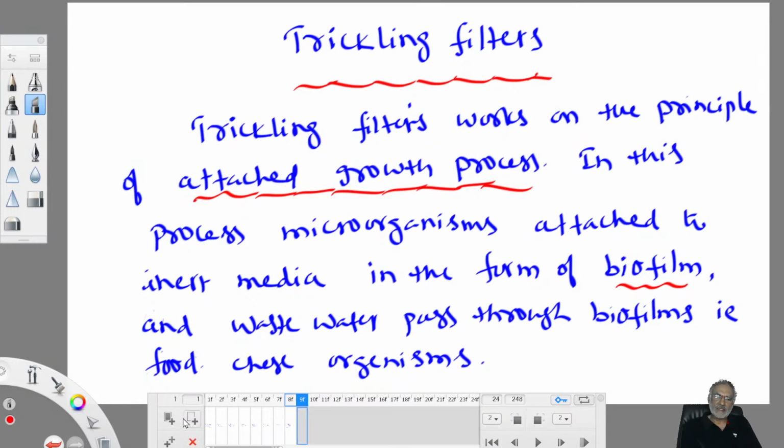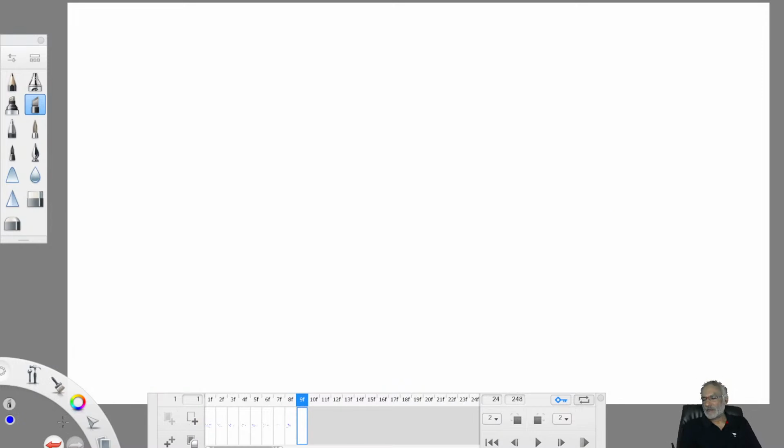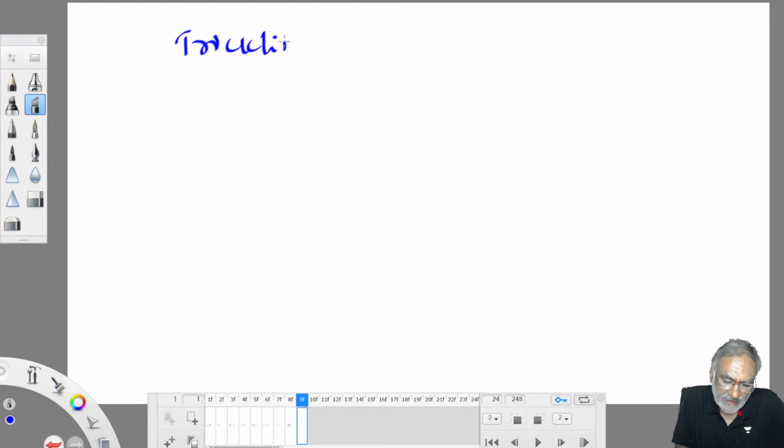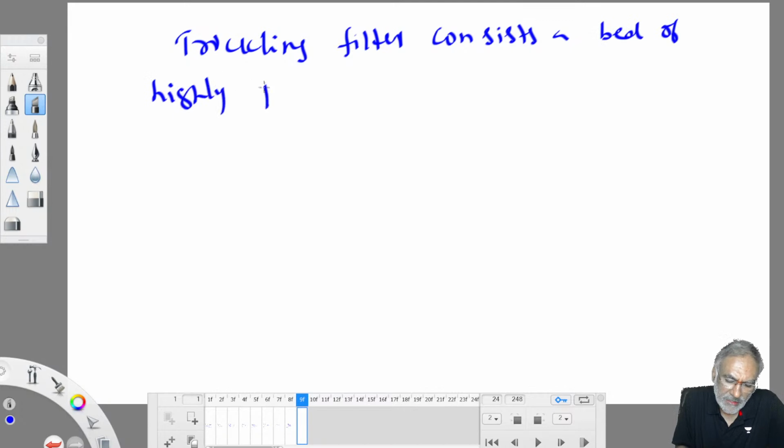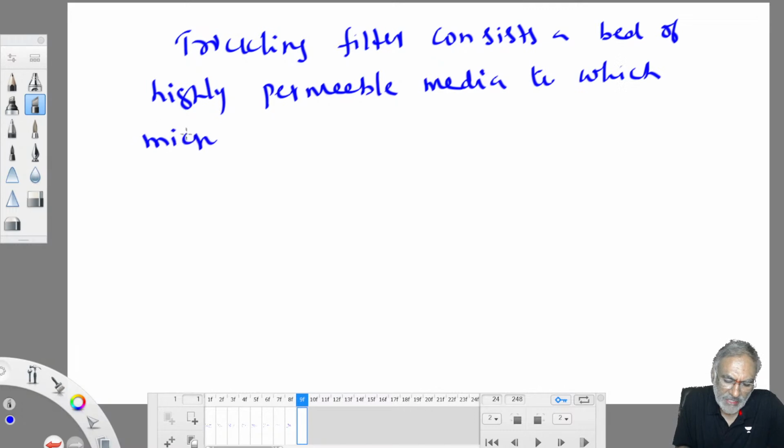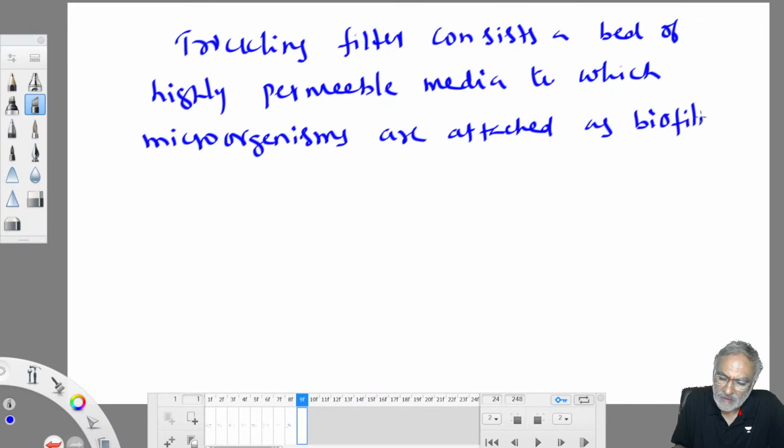Okay? That's it. So a trickling filter consists of a bed of highly permeable media to which microorganisms are attached as biofilms, through which wastewater trickles down.